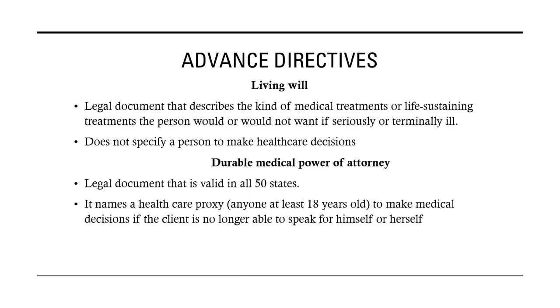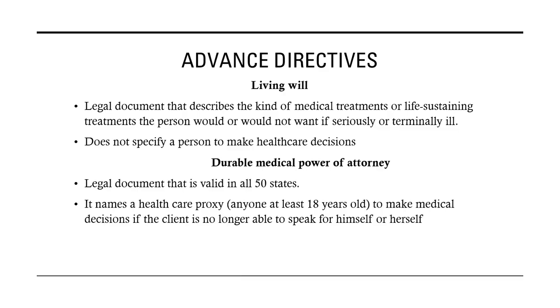So we do have legal documents. Living will describes the kind of medical treatments or life-saving treatments the person would or would not want if seriously or terminally ill. The living will does not specify a person. Okay. So the Durable Medical Power of Attorney, it is a legal document and is valid in all 50 states.